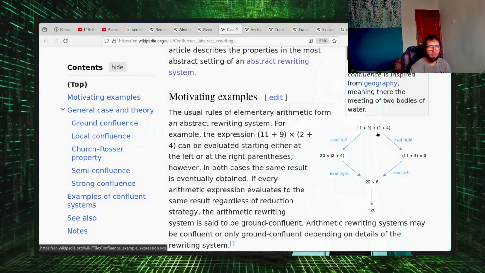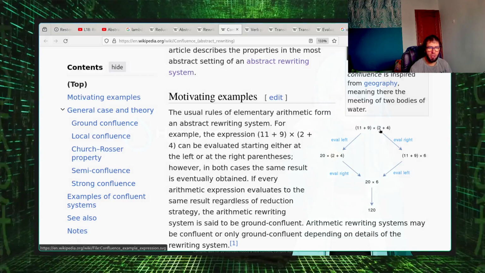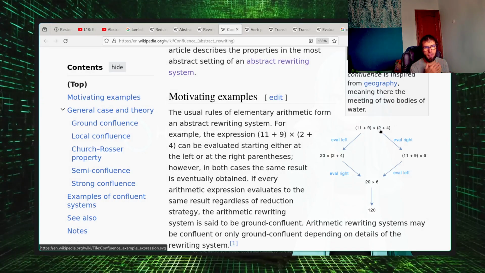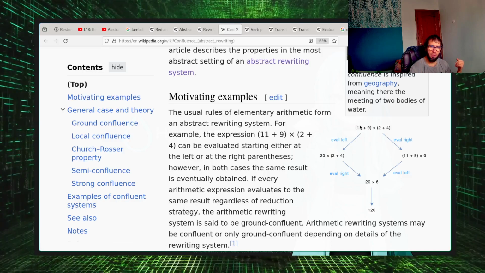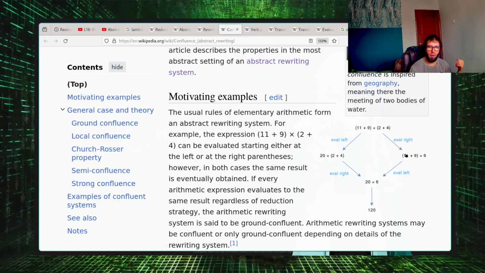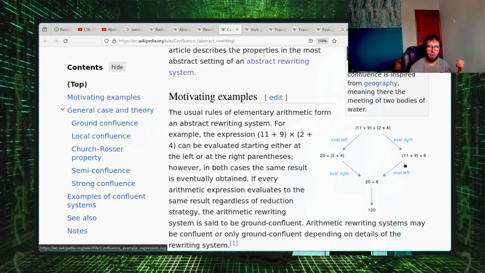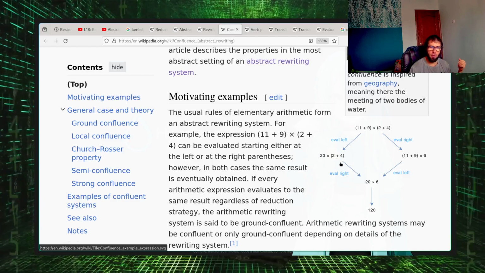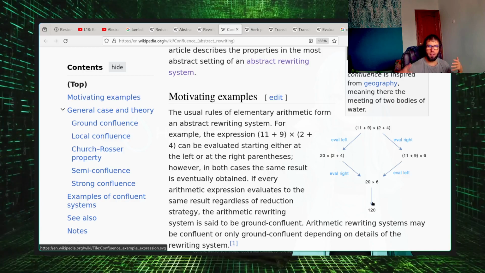Here we have some example. We have this expression, and you can see that we can evaluate this expression in two ways. We can proceed either first on the left part, or first on the right part. But anyway, in the final point, we will get the same number.